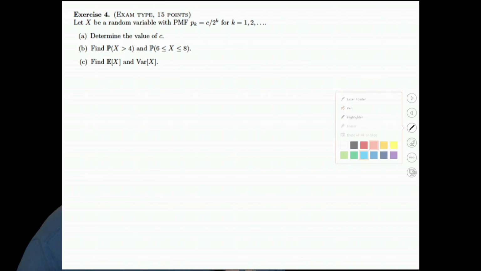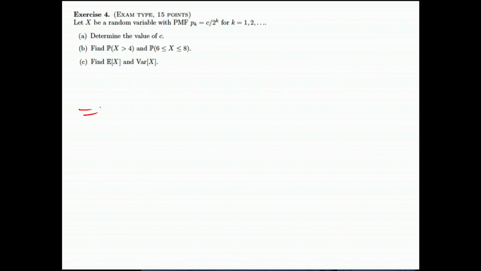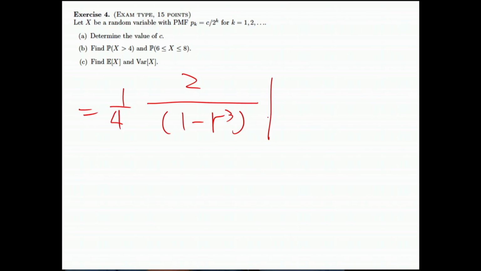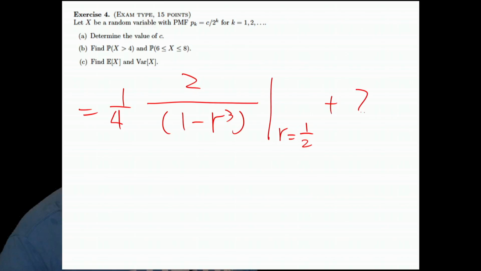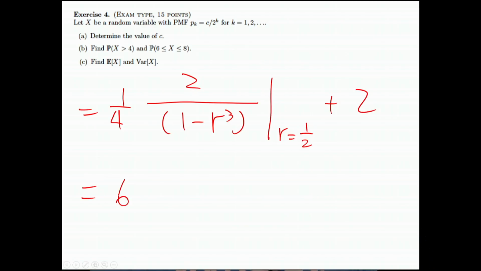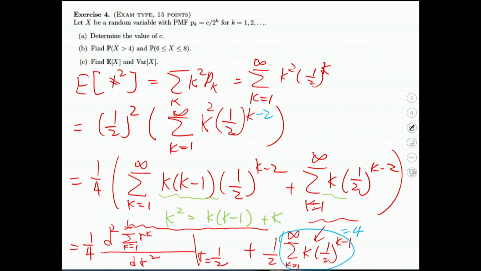So finally we will get the first summation here. The ratio is 1/2, and the second term is 2. We can get the answer is 6. Please check the previous videos for calculating the summation about this term if you don't understand.